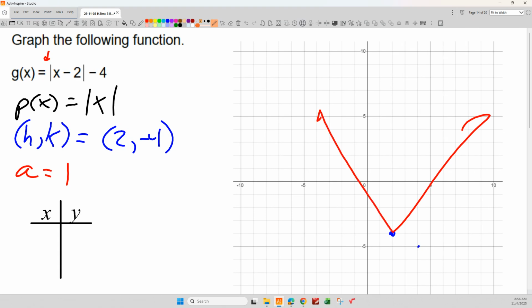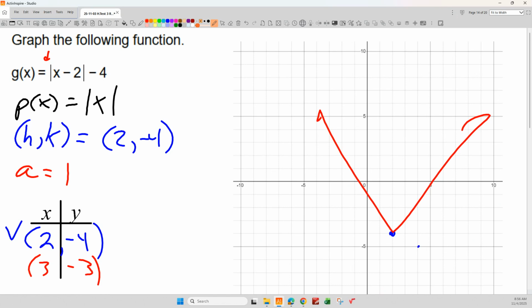If you wanted to, remember, you can always use a t-table, right? You know the vertex. Once I knew the value of h was 2, I could have just plugged that in and gotten the answer -4 for my vertex and then picked one other point. Like, for example, if I pick x equals 3, I would just get 1 minus 4 is -3, and then that's all I need, right?